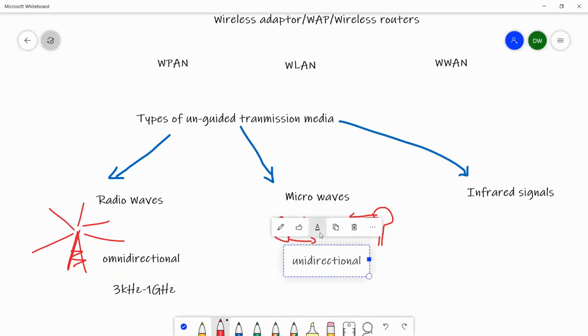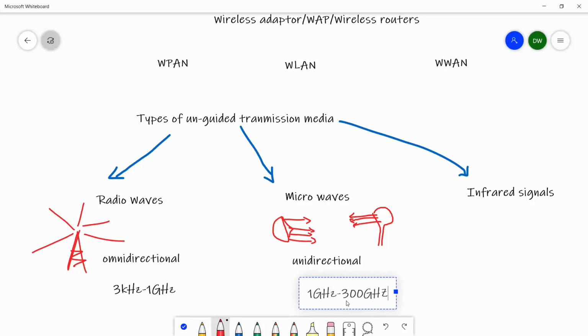And microwaves have a frequency starting from 1 gigahertz and up to about 300 gigahertz. And infrared signals have a frequency of about 300 gigahertz to about 400 terahertz, right?